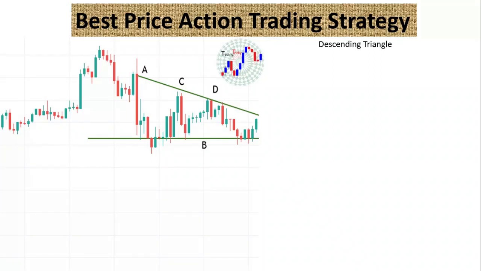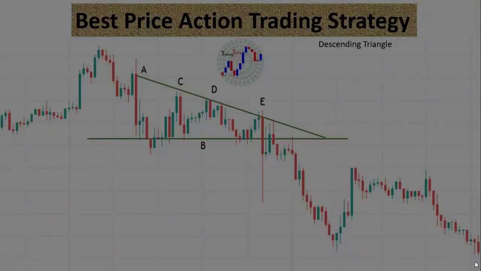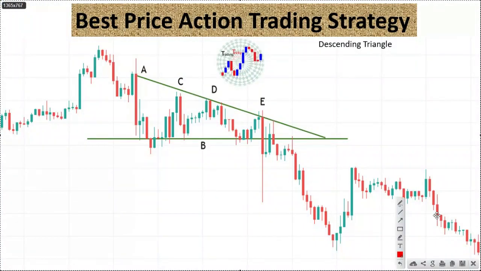Look at the chart and ask yourself, is this a bullish or bearish chart pattern? Here at A, C, D and E, the price made lower highs into resistance. This is a sign of weakness as it tells you sellers are willing to sell at a lower price.